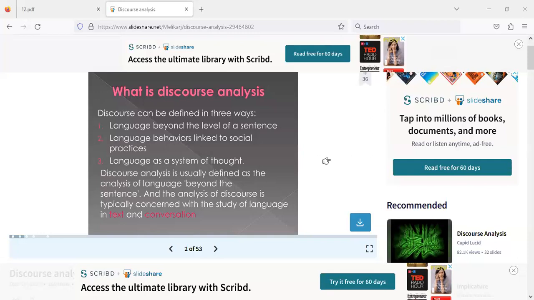Even a dialogue, if it is documented, we call a text. So when we analyze discourse, a kind of text, there are a few key terms we need to think of.